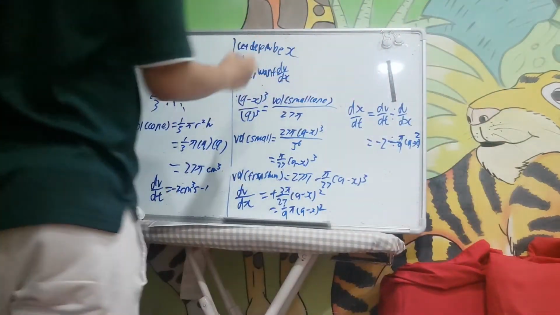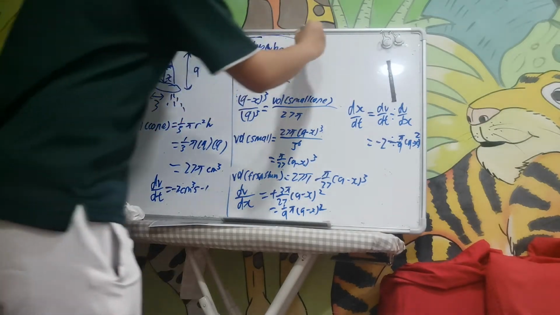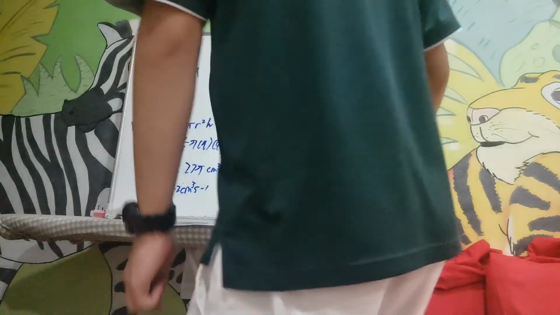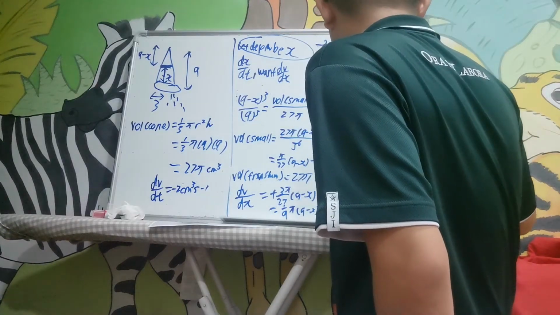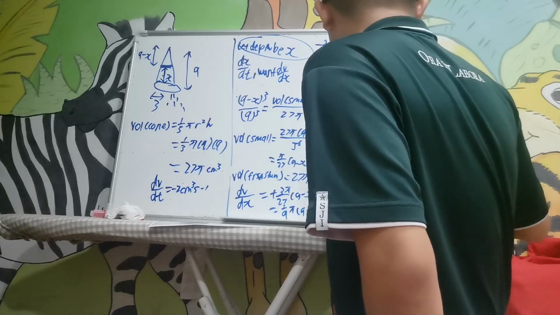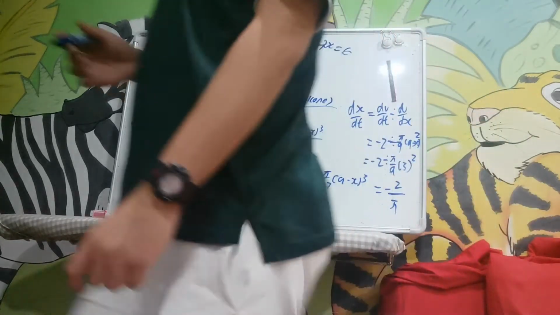But as we established that the depth is x, and they want it such that x is 6, so we just sub 6 into here, such that negative 2 divided by pi over 9 times 3 squared equals negative 2 over pi, which is the answer.